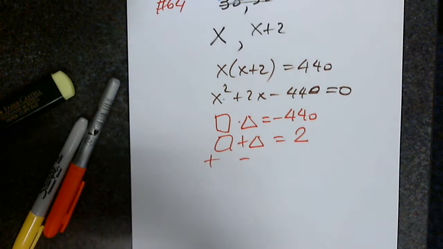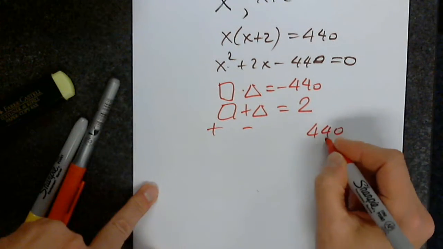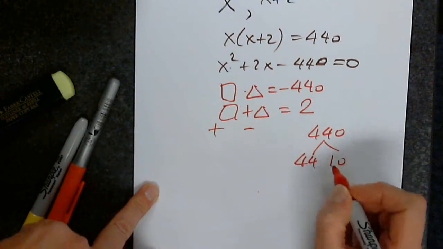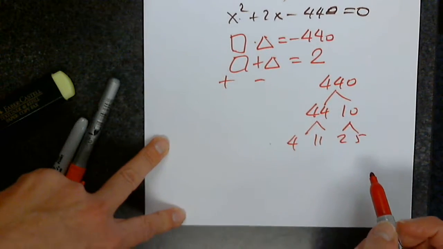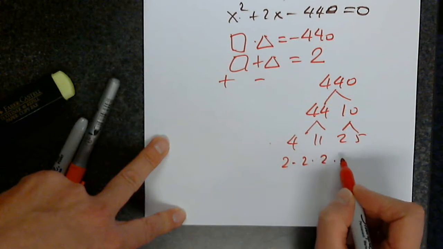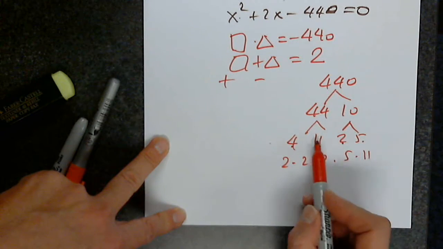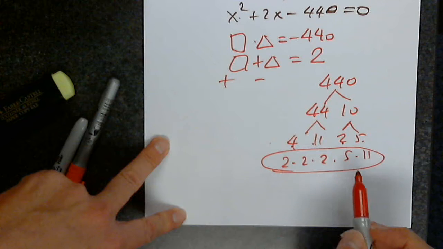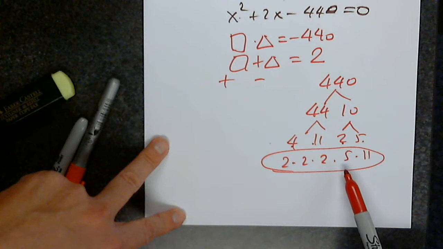So I'm looking at 440 and I say, oh, gee, it's another big number. So 440 is 44 times 10, which is 4 times 11 and 2 times 5. So 2 times 2 times 2 times 5 times 11. So what do I need? 8.